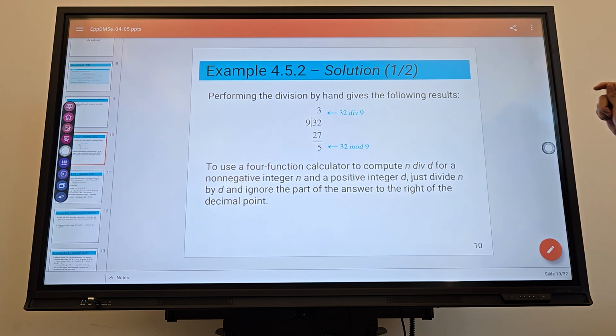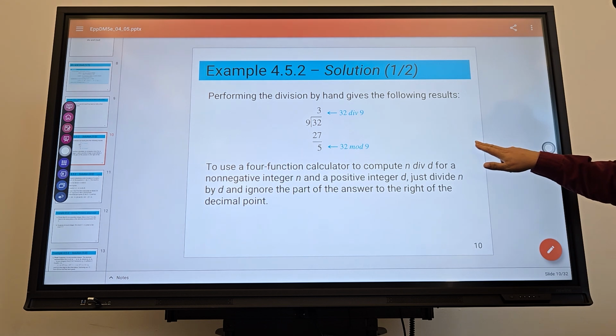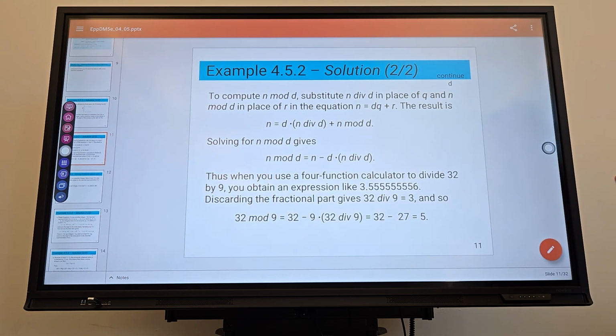On a four-function calculator, compute n div d for non-negative integer n and a positive integer d. Just divide n by d and ignore the part of the answer to the right of the decimal point. Compute the mod.